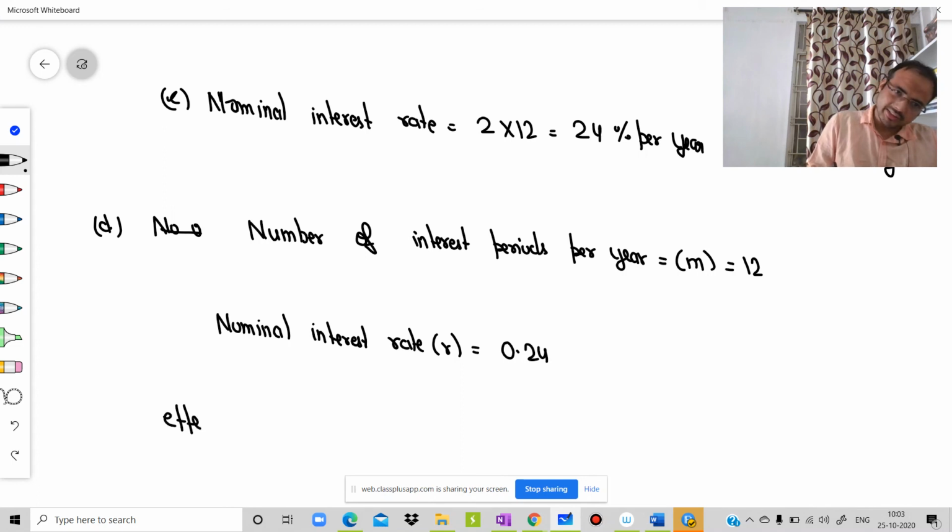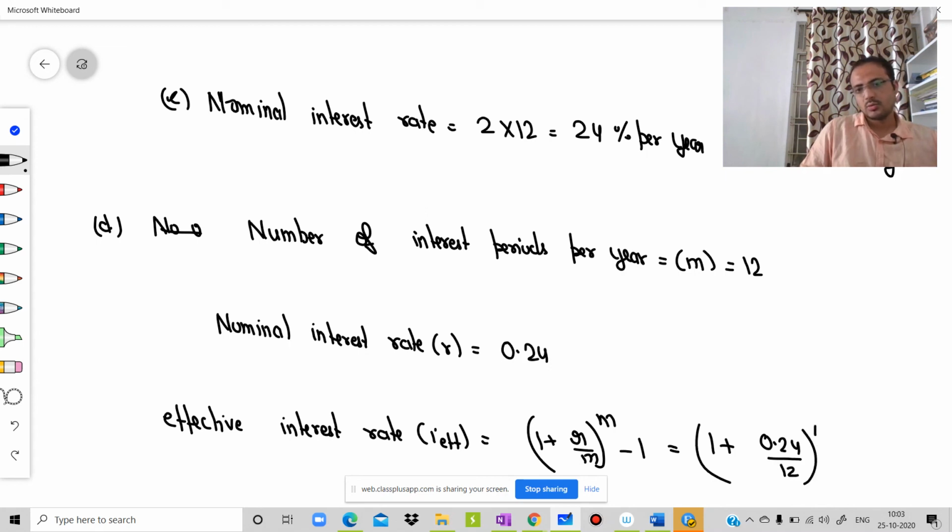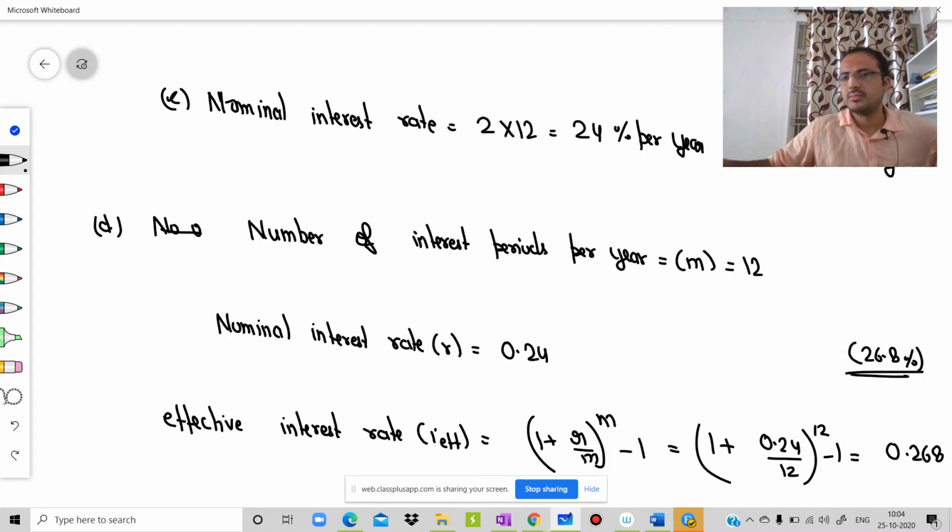So effective interest rate I effective is equal to 1 plus R by M to the power M minus 1. So 1 plus 0.24 divided by 12 to the power 12 minus 1 equals 0.268, that is 26.8% is the correct answer.